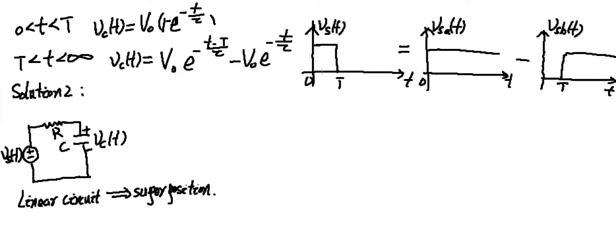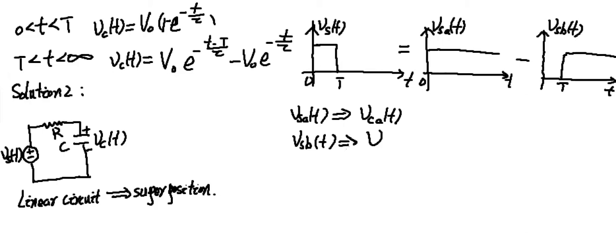According to what we learned about superposition, if we can calculate the output under VSA(t), which is VCA(t), and then the output under VSB(t), which is VCB(t), then VSA minus VSB should lead to VCA minus VCB.